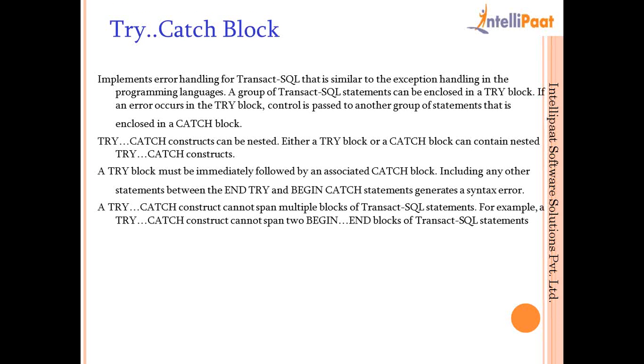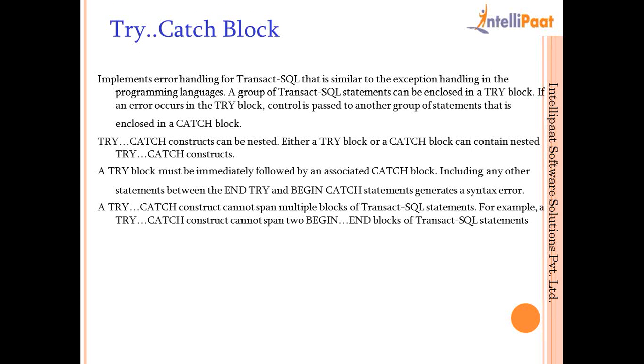Then try and catch constructs can be nested, either the try block or the catch block can contain a nested try catch construct. What I mean by nested is that you can use multiple try catch blocks in one of your stored procedures, or within a try catch block.